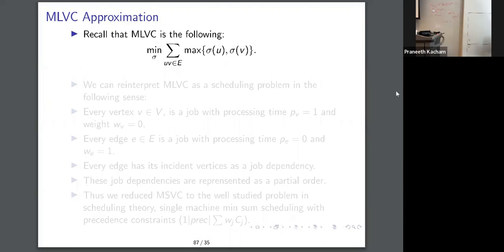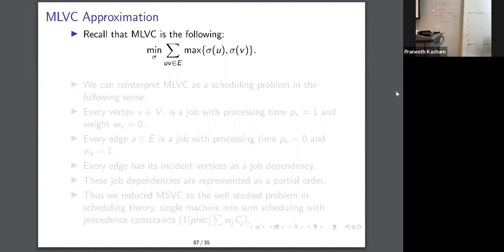So we give weight 0 to the jobs that correspond to vertices, but we give a weight of 1 to the jobs that correspond to edges. But the duration of those is going to be 0. So let's see what happens.